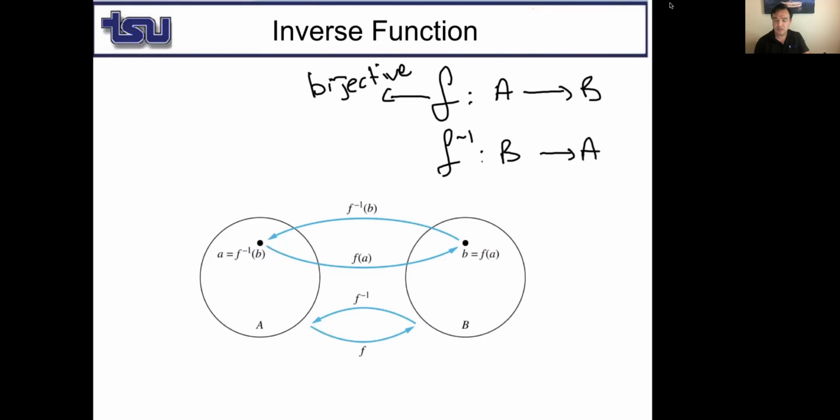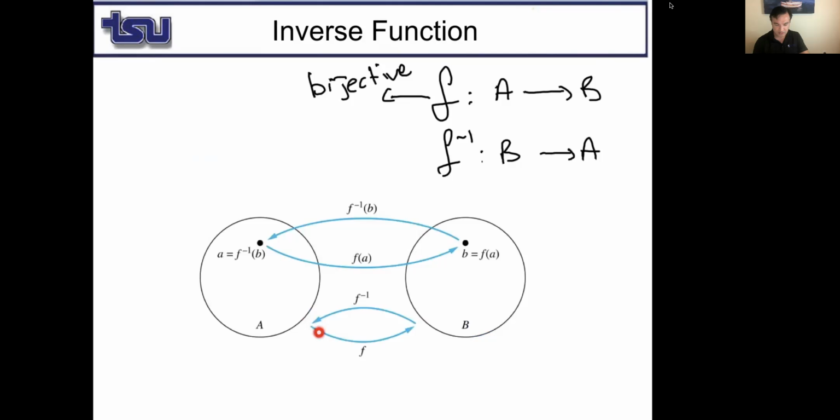A, okay? For example, if f takes A and maps it to B right here, then f inverse takes B and maps it to A, okay?